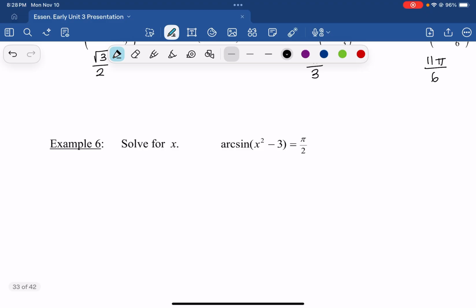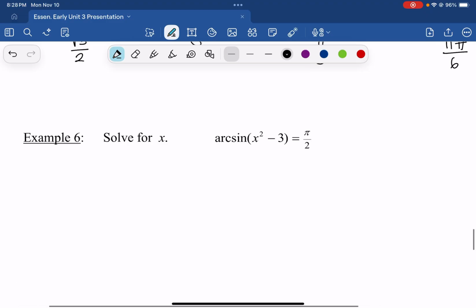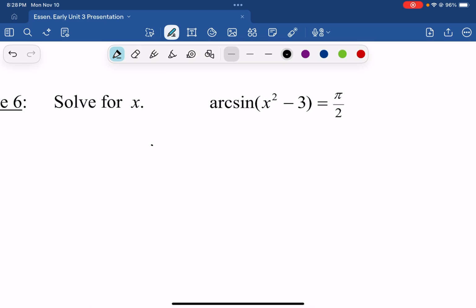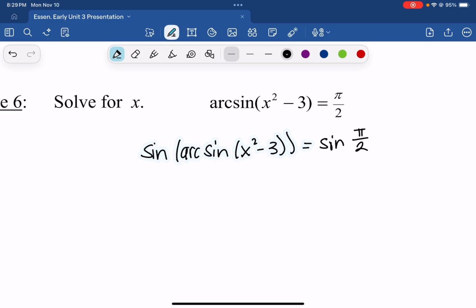Next, example 6. Solve for x. We have arc sine of x squared minus 3 equals pi halves. To solve, I'm going to take sine of both sides. Right now we're just doing essentially trigonometry. We haven't used calculus yet. So sine of arc sine of x squared minus 3 gives me x squared minus 3.